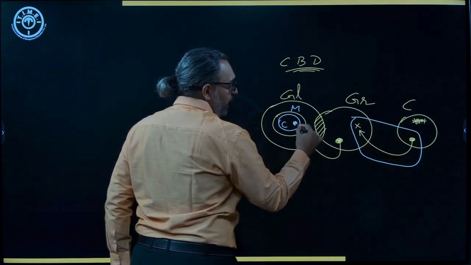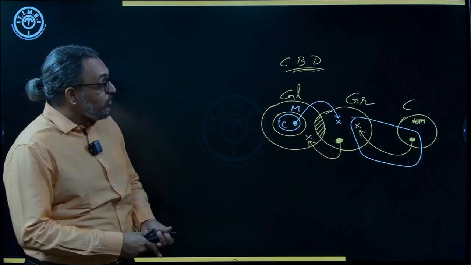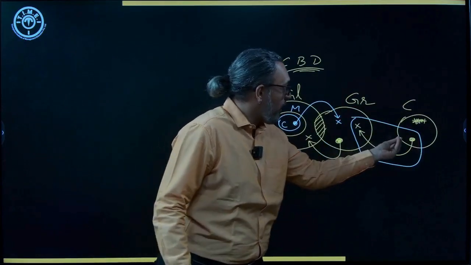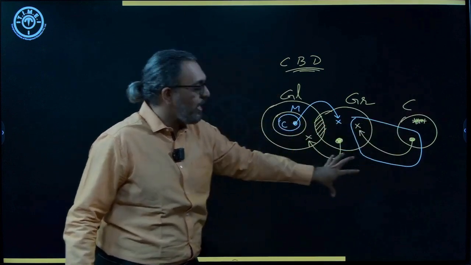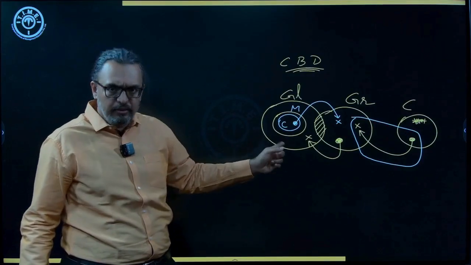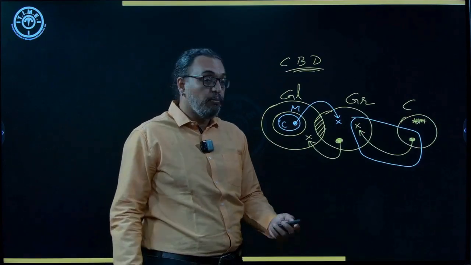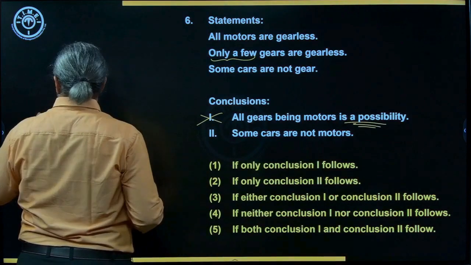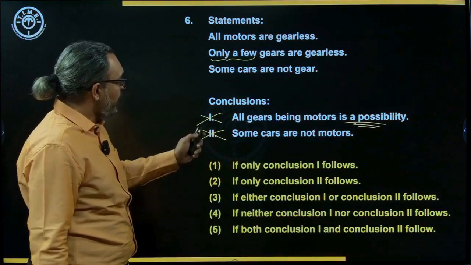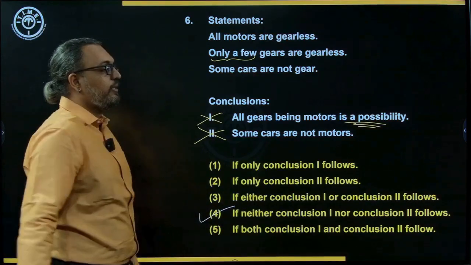There should be some cars that are not inside gears. That is still satisfying. You just have to understand, since this is a separate circle, there should be some part of cars never entering gears. So as long as that is happening, C can move anywhere it wants. This is how you have to understand. So complementary satisfies. Now because the complementary satisfies, the given negative conclusion will not follow. So neither 1 nor 2 follows, and that is there in option 4.